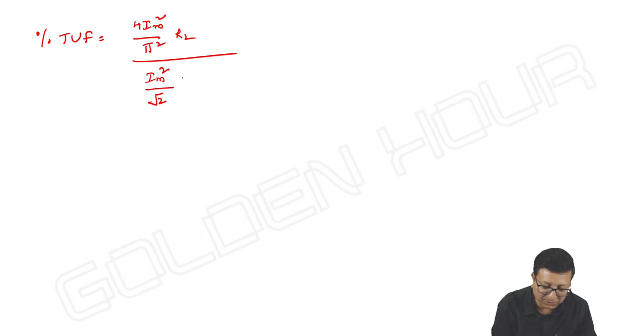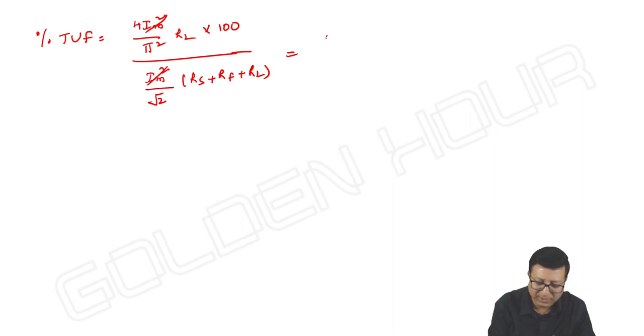The percentage TUF is equal to 4Im square by pi square into RL by Im square by root 2 into Rs plus Rf plus RL multiplied with 100. It is Im square cancel 4 root 2 by pi square. It is coming around 57.3 by 1 plus Rs plus Rf by RL percent.